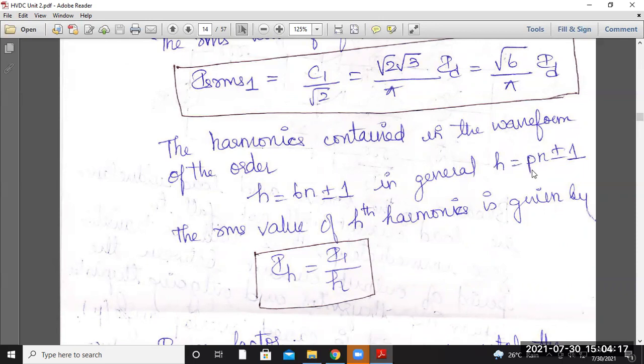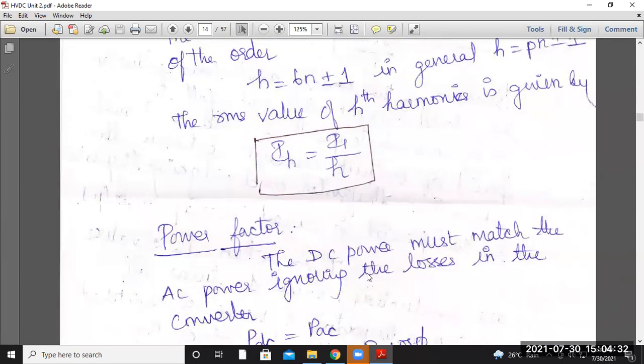So accordingly, just put the value of p. For the harmonic, the current is given as I1 upon h. Let us say this is your h; for the harmonic you will get 6, so you have to put the value of 6. That will give you the value of the harmonic current at that particular order. So this is all about the DC harmonics part.